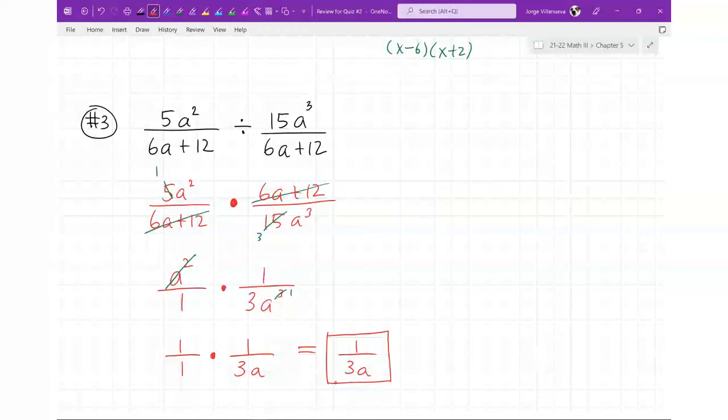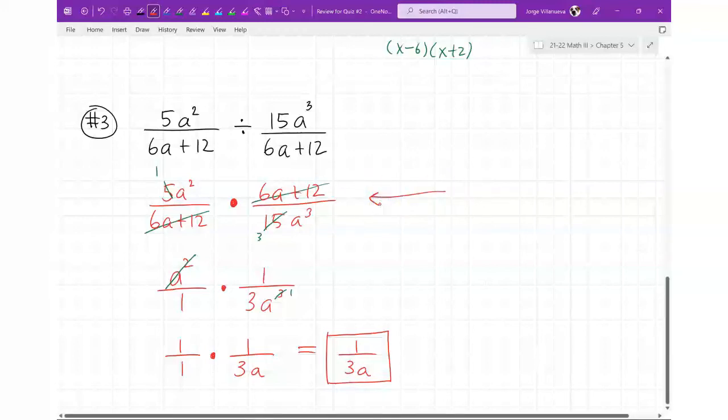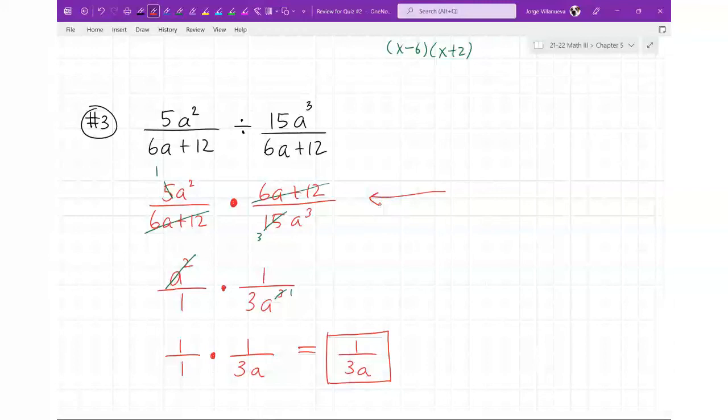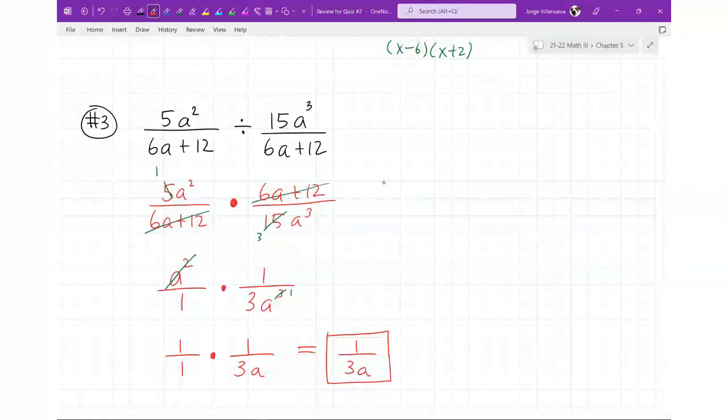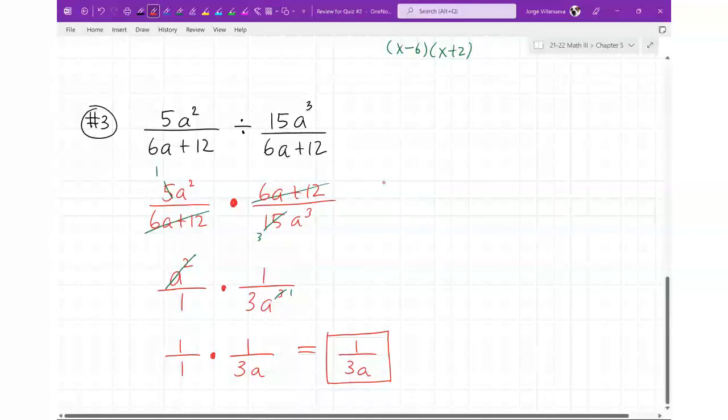So don't feel like, oh, why didn't Mr. V teach me or reteach some of the multiplication? I did. They're right here. That's the multiplication problem, right? We just did a previous step of flipping over a fraction, right? Which is part of the division process. So don't feel like we're not going to cover it. We will cover it. It's just going to be something that's done in the middle of the work.